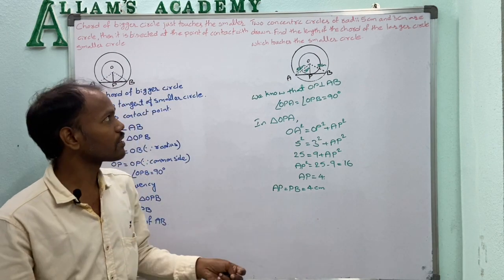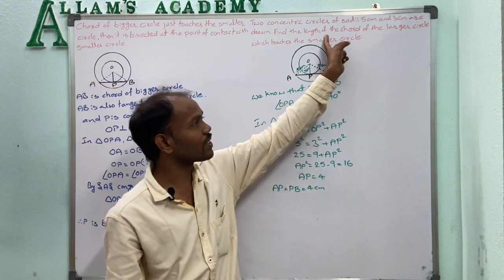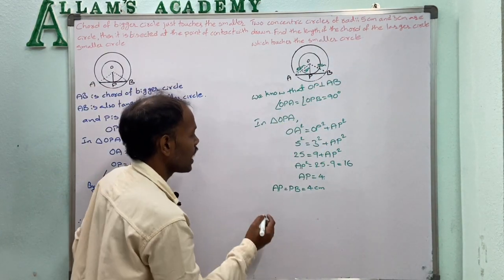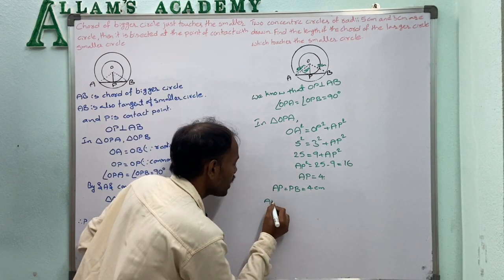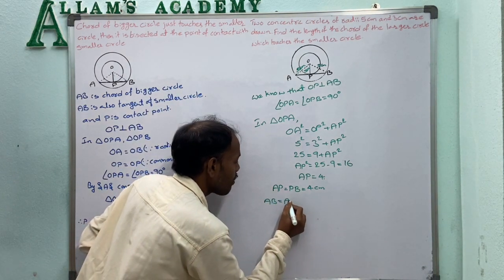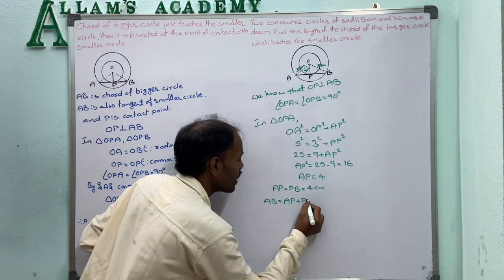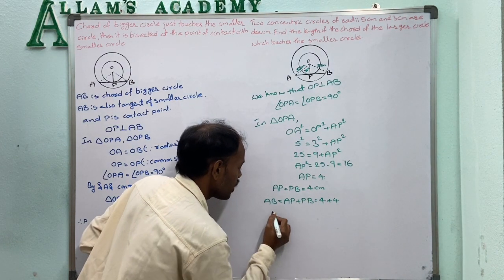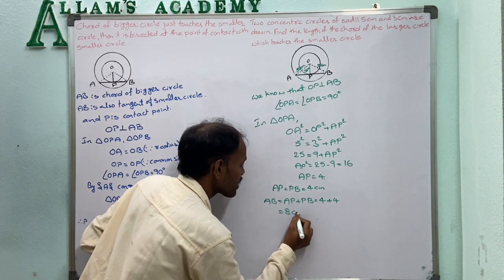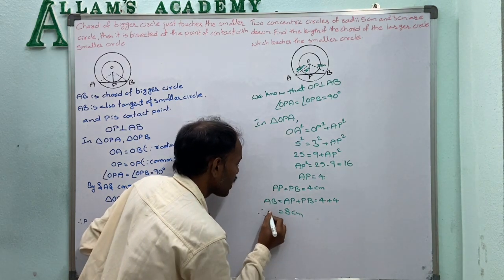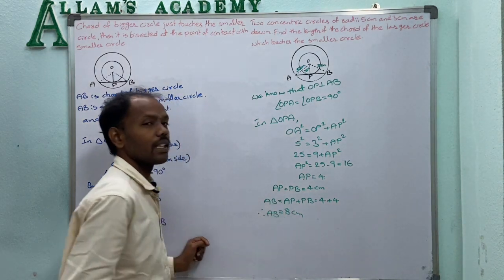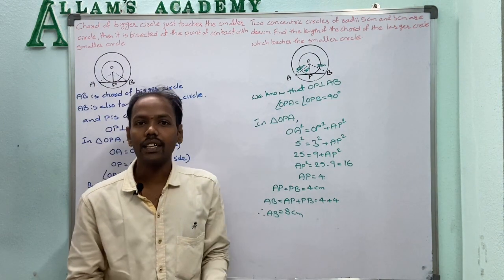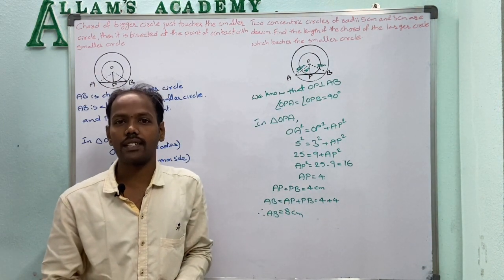But we are asked to find the length of the chord, that is AB, which is the sum of AP and PB. So 4 plus 4 equals 8 centimeters. Therefore the chord length AB is 8 centimeters.